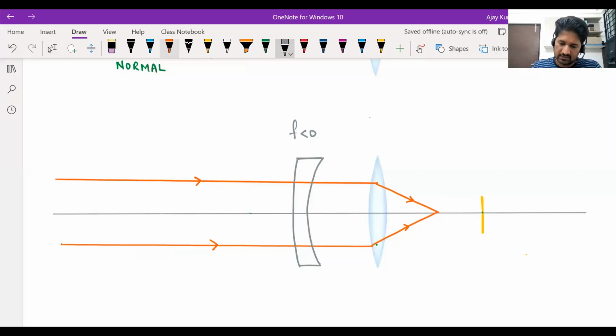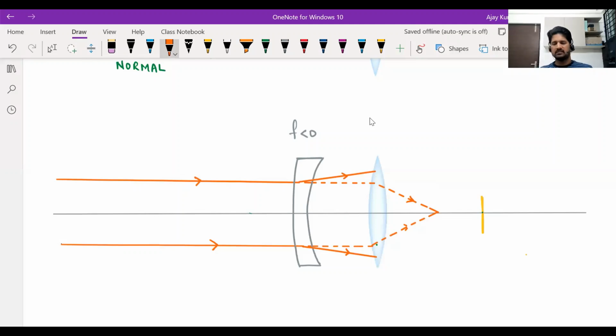So what this does is, instead of allowing light to pass like this, this is how it would have passed had there been no specs or lens used. Now this lens diverges light before entering into the eye. This is what it does.